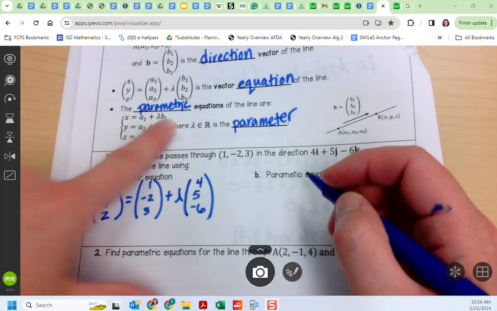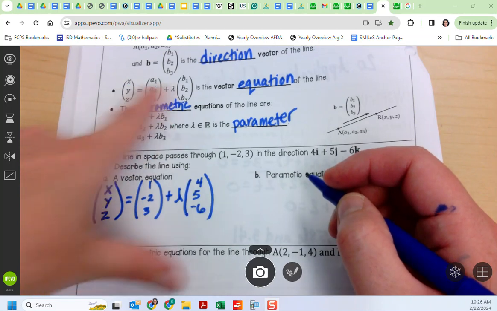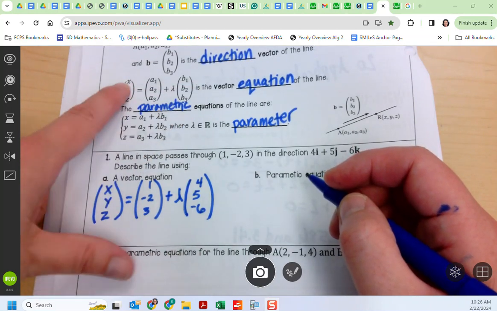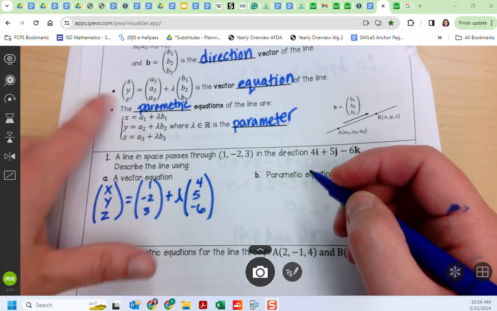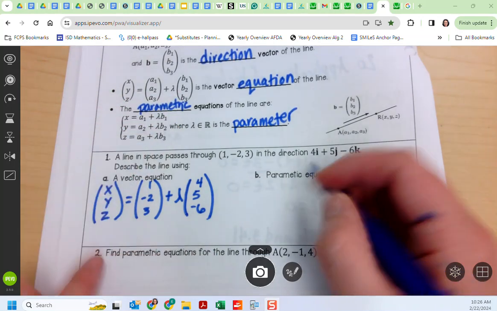Look at the parametric equations. It's just taking apart the vector equation. So if this is my vector equation, the first line is my x, the second line is my y, the third line is my z.